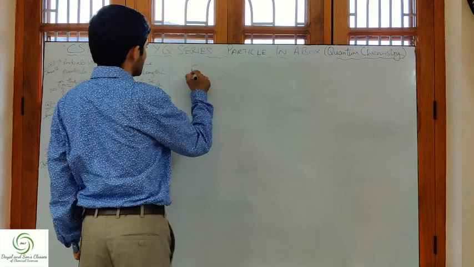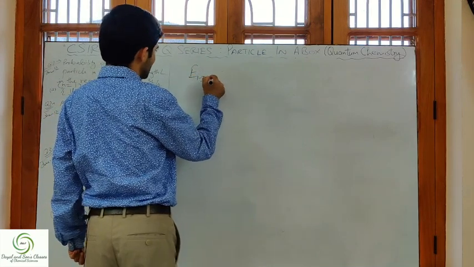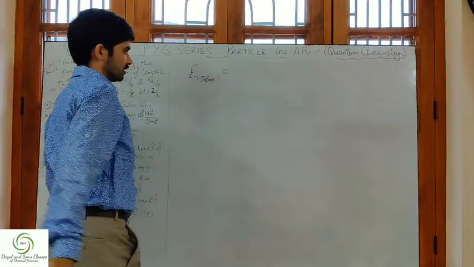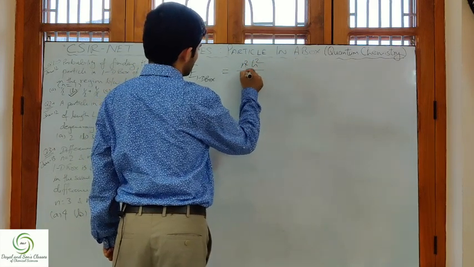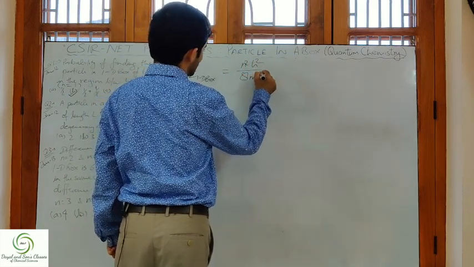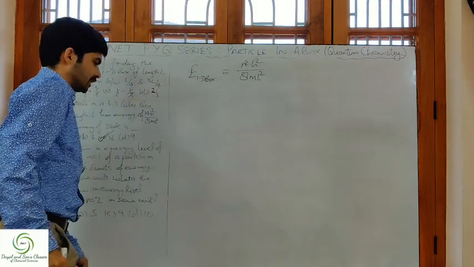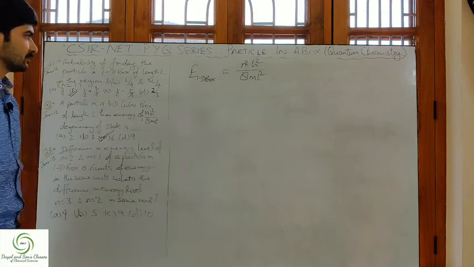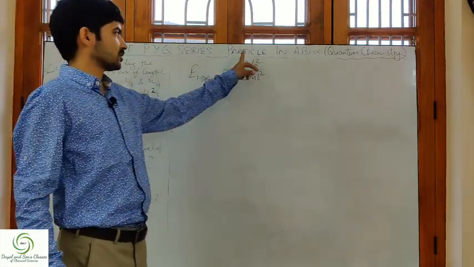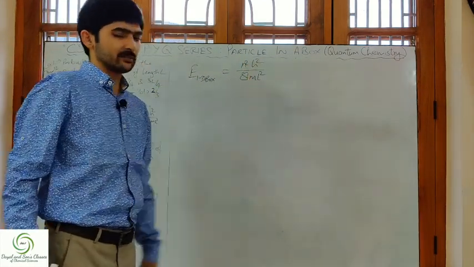What is the general formula for a 1D box? The energy of a 1D box is equal to n square h square upon 8 m L square, right? The general formula for the energy for a particle in a 1D box is E equal to n square h square upon 8 m L square.